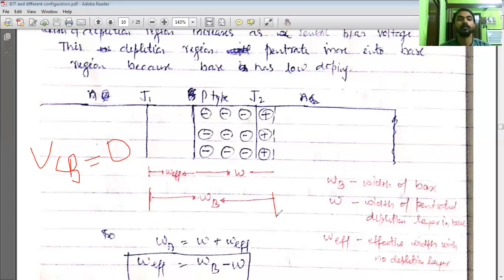The width from J1 to J2 is your base width. Now what will happen? Since we have increased the VCB voltage from 0 to how much? 5 volt.